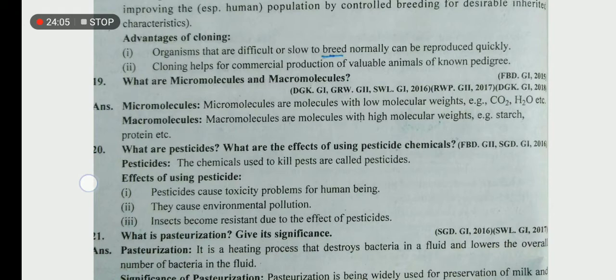Pest means every living organism which is harmful for human, or in other words you can say that which can compete with the human for food, shelter, or space. So insects, rodents, spiders, which can compete with the human or larger animals, are all included in the pest.